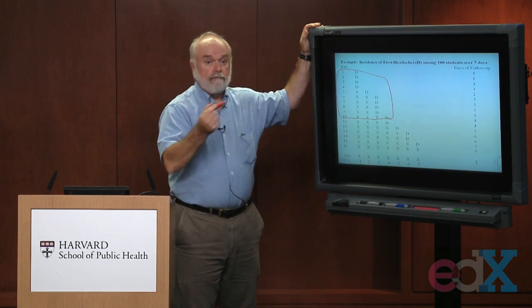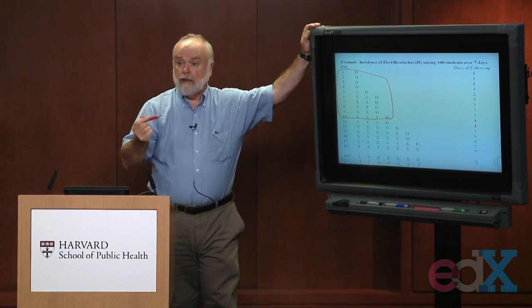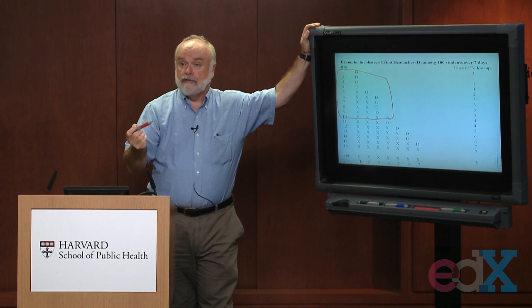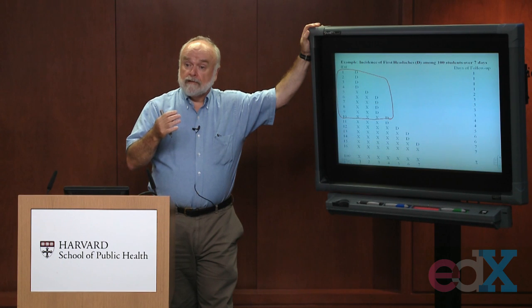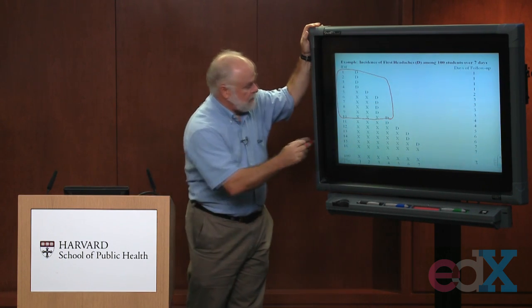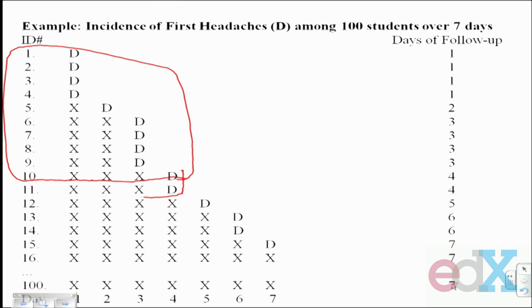Persons 11, 12, 13, 14, 15 who developed headaches on the 5th, 6th, or 7th day would not be counted as outcomes if I was interested in the risk of developing a headache within 4 days of follow-up. So in that case, it's 11. I misspoke here. 11 people developed headaches in the first 4 days of follow-up.